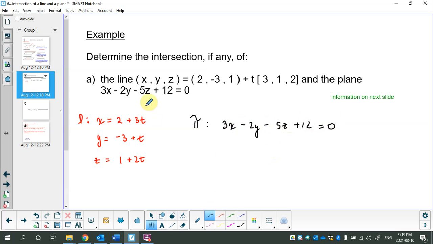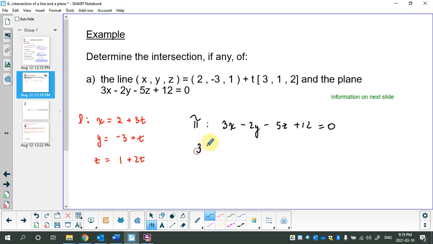But the cool thing is, now that I've set it up with parametric equations, I can take the x and replace it here with its parametric equation, meaning the x is going to disappear and I'll end up with t's. I can do that with the y, so the y will disappear and we'll end up with t's, and the z will disappear and I'll end up with t's. So I'll have no other letters except the letter t, which is what we're looking for.